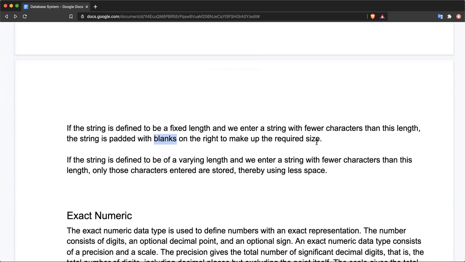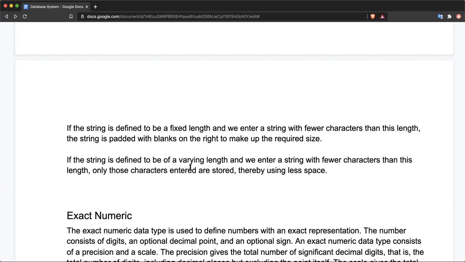So for example, if we define a fixed character length of 10 characters, and then we only provide data for 3 characters, then the remaining 7 characters are filled with blanks, and these 10 characters are stored on the disk. So 3 characters relate to the data, and the 7 characters are blanks, which are not useful. So the 10 characters length is wasted, our memory is wasted.